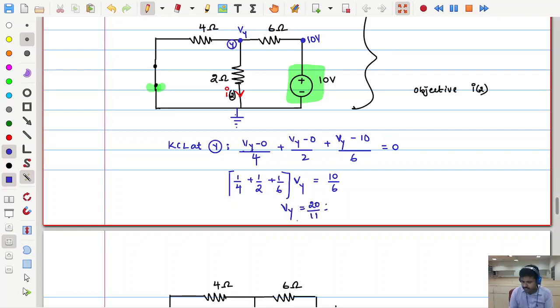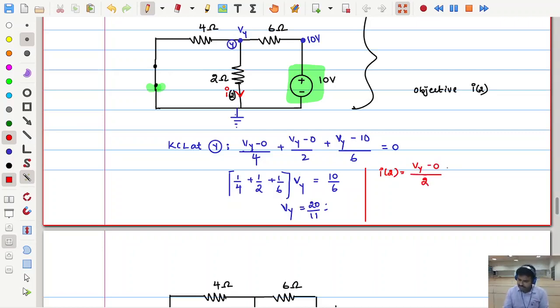Now once we get Vy, this nodal analysis is not our main objective. Our main objective is getting this current. How can we get that current? Now check it. I of 2, can I say Vy by 2? (Vy minus 0) of course by 2.